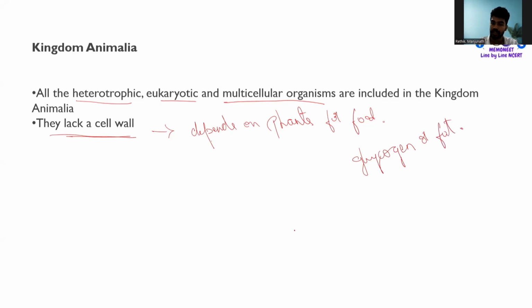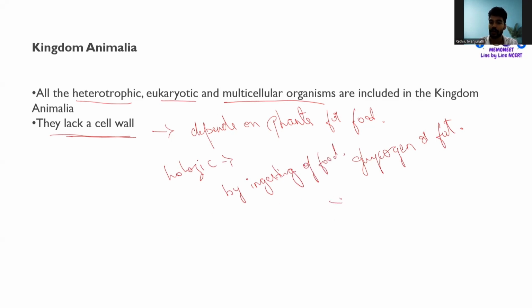Their mode of nutrition is holozoic, which is by ingesting food.